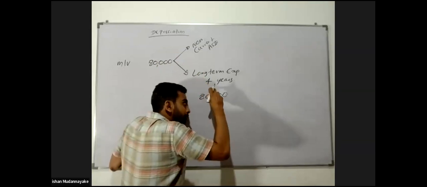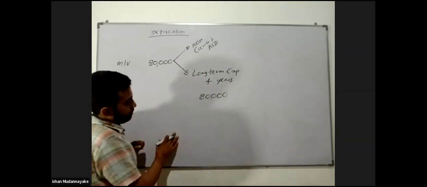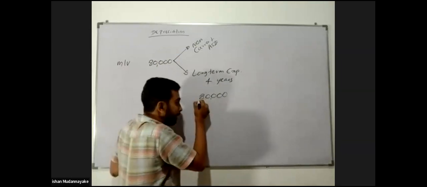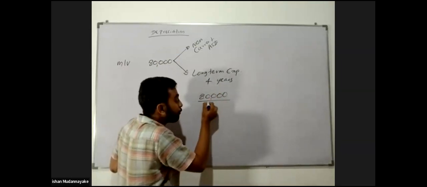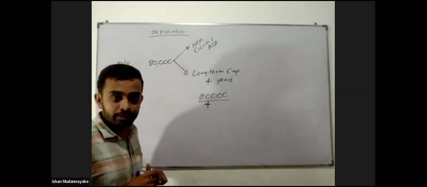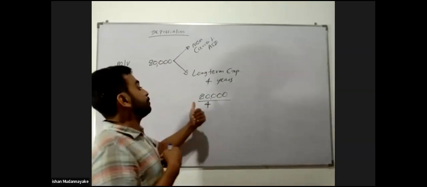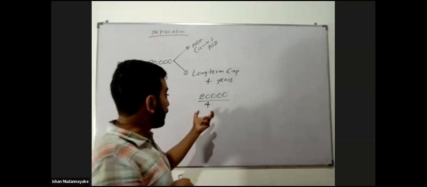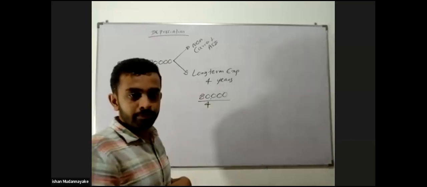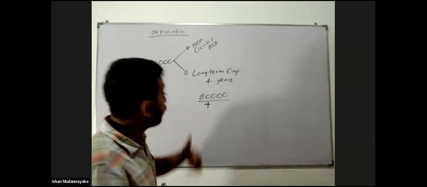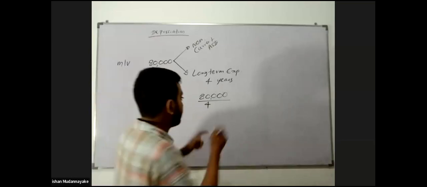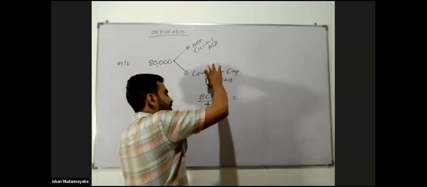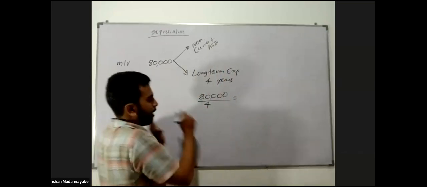Total cost of the motor vehicle is 80,000, divided by the number of years that we expect to use this motor vehicle. How many years? 4 years. So we divide this long-term expense by 4.